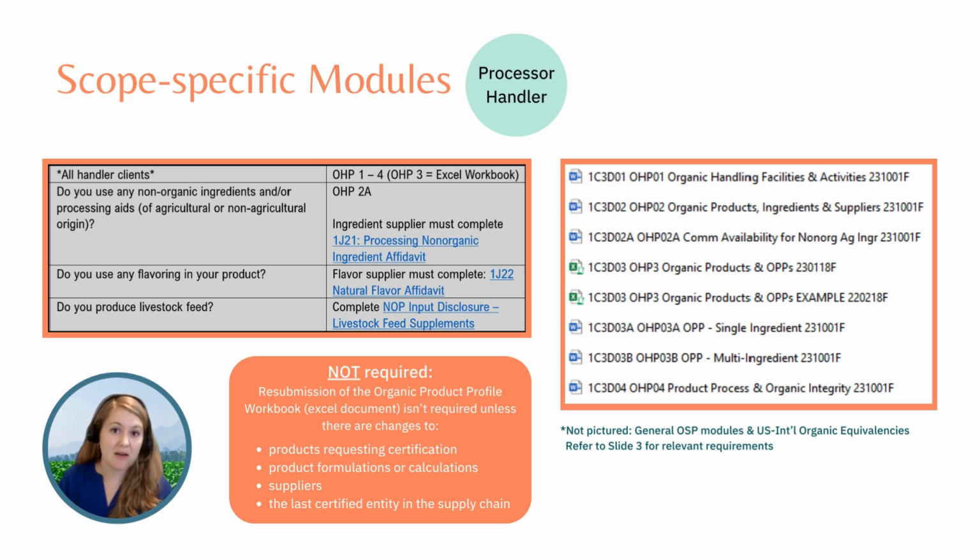Not pictured are the general OSP modules, which are also required for all operations, and the U.S. International Organic Equivalencies, and you can refer to slide 3 for those relevant requirements. Also in that orange box, you can see what's not required in order for you to renew. Resubmission of the organic product profile workbook, the Excel document, isn't required unless there are changes to the products requesting certification, product formulations or calculations, suppliers, or the last certified entity in the supply chain.